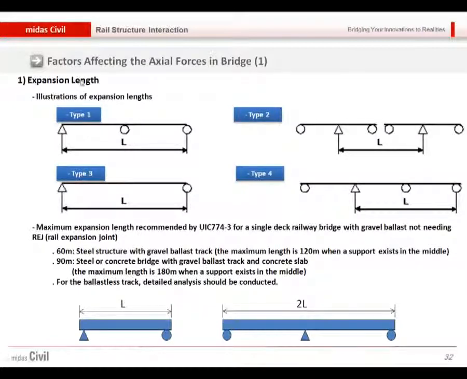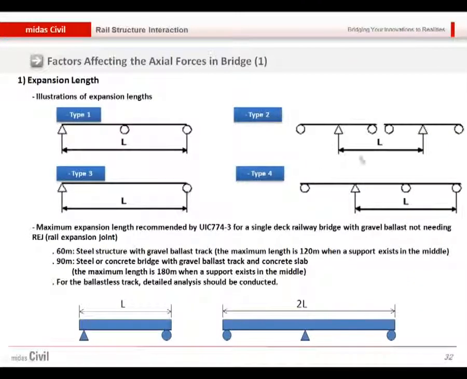And if we look at the factors affecting the axial force in the bridge, not the track this time, firstly the expansion length is largely a factor. As we compared previously, when it has 10 different simple spans, or the other one has 5 continuous spans, in that case we saw about 2 times difference in axial stress.